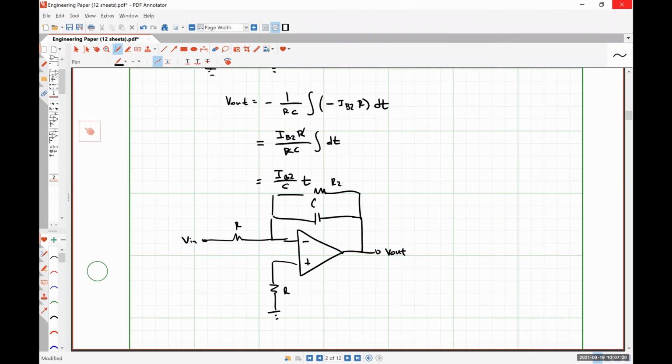So if IB1 and IB2 are not identical, that's when you add that R2, you add the extra resistor in the feedback loop, which is just getting rid of more offset, which is exactly what it was doing when we had an input offset voltage.